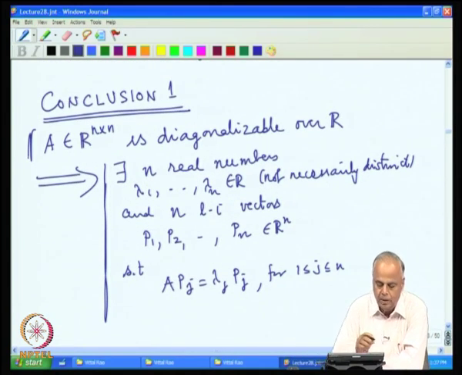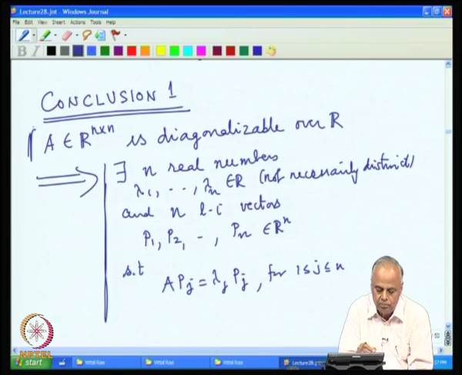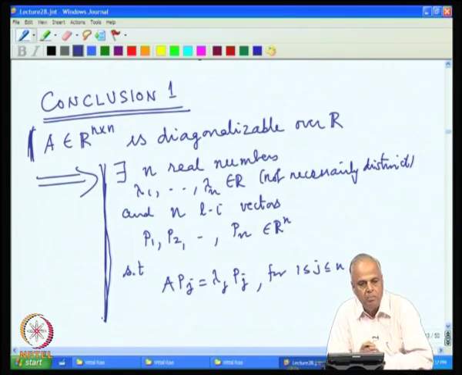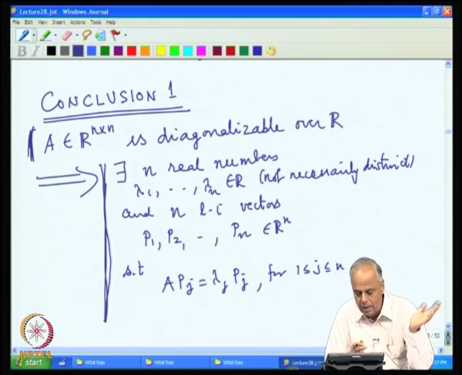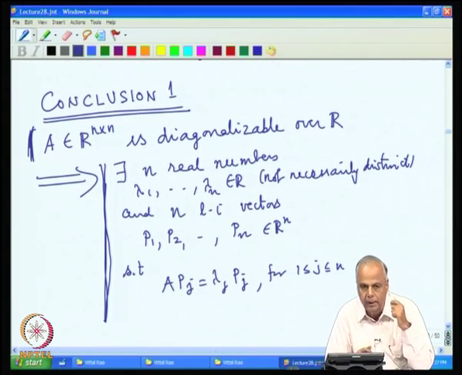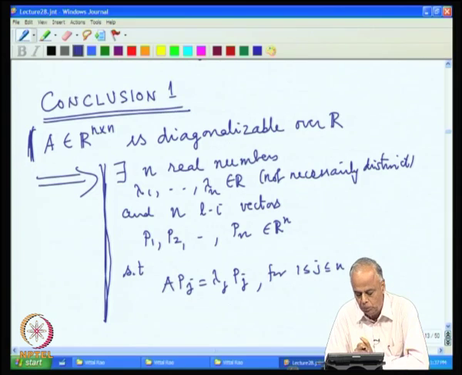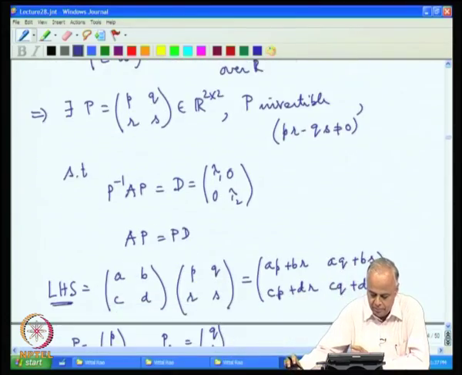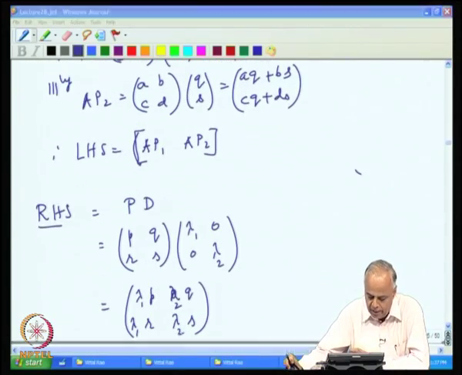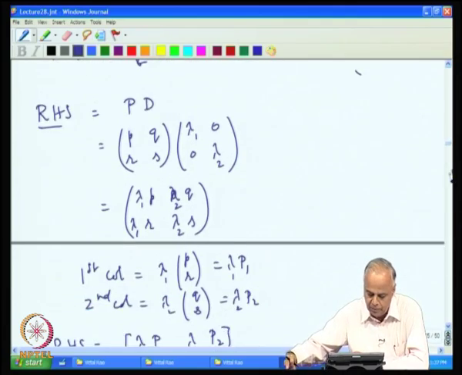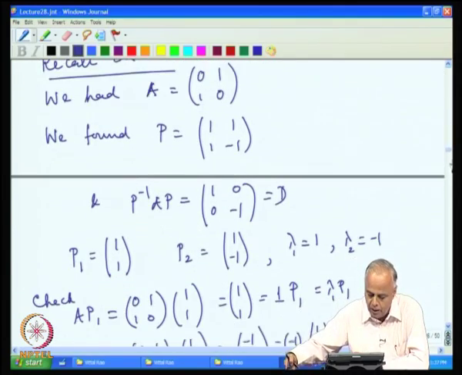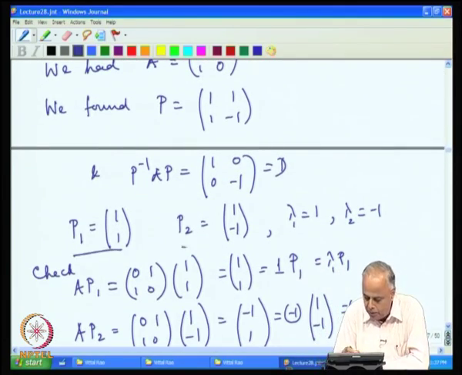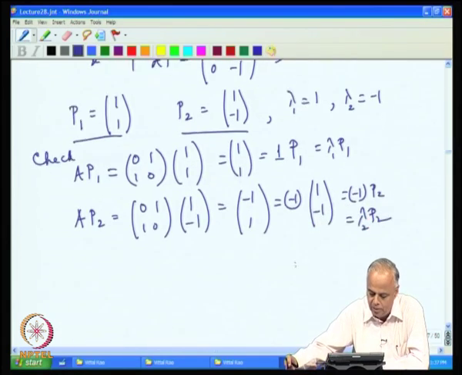If A is diagonalizable over R, then there exist n scalars, real numbers lambda 1, lambda 2, lambda 3, lambda n, and n linearly independent eigenvectors p1, p2, pn such that A p j is equal to lambda j p j. Here, in this specific example, you see that the p1 and p2 we got are linearly independent also.